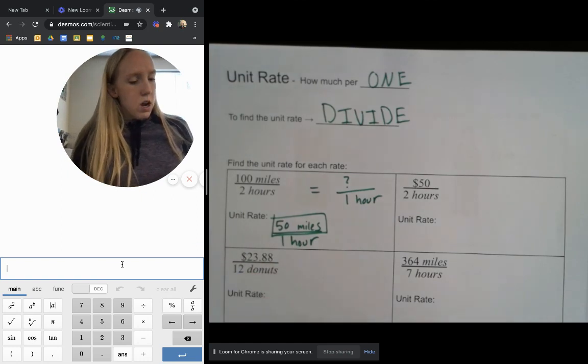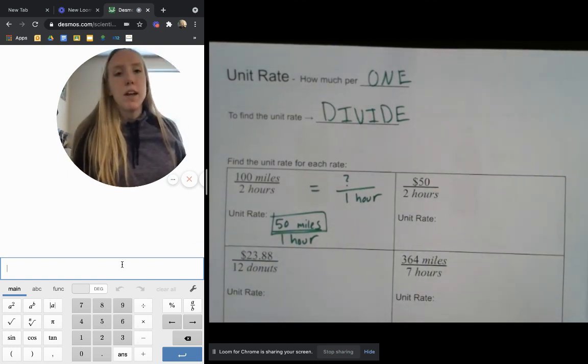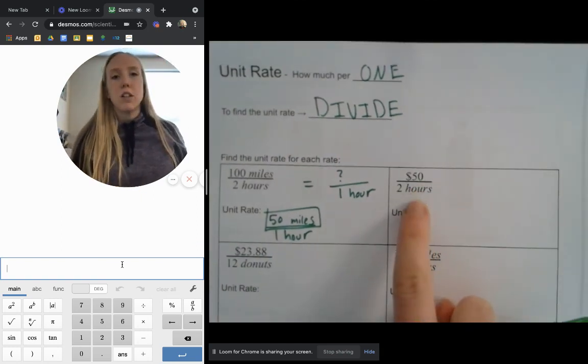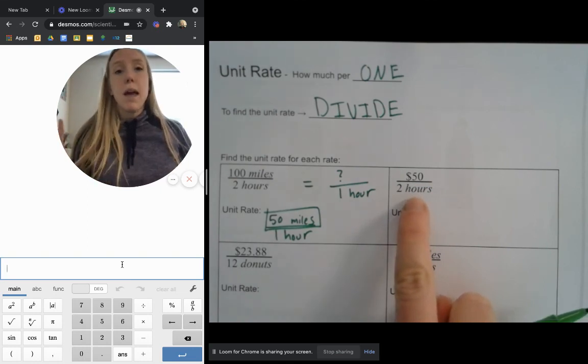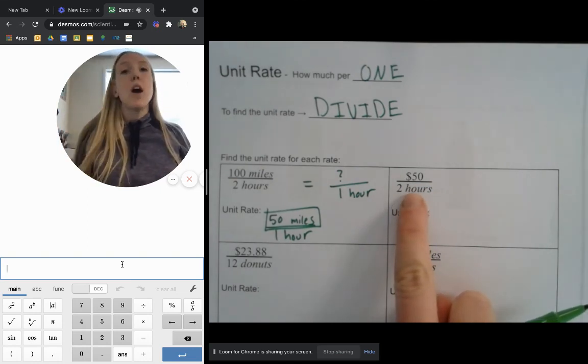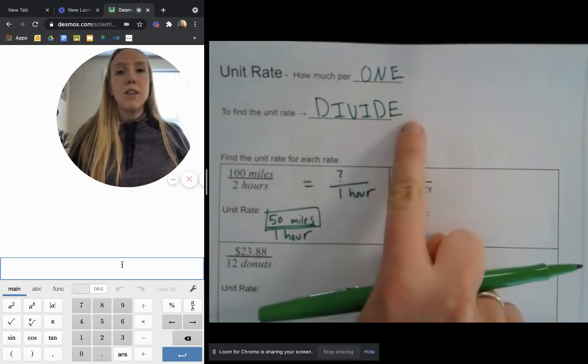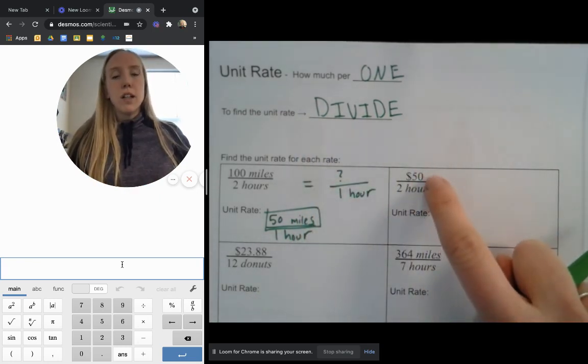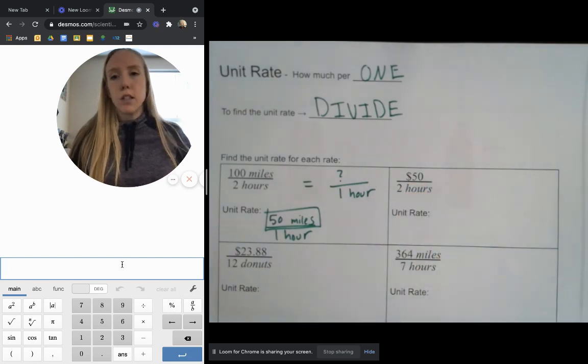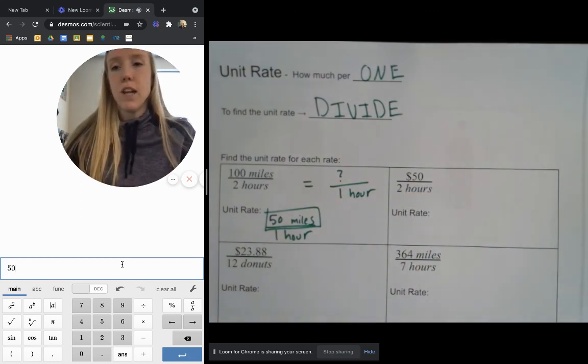Okay, our next unit rate that we are finding is $50 in 2 hours. So somebody made $50 in 2 hours, or something cost $50 for 2 hours. Again, we are going to divide $50 divided by 2 hours. All you got to do is type in 50, and there are a couple ways you can do divide.